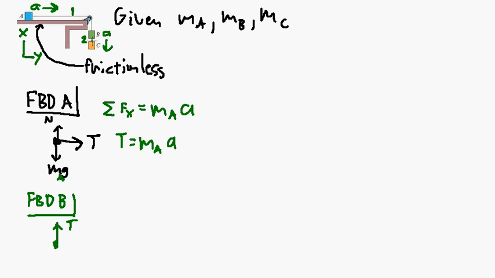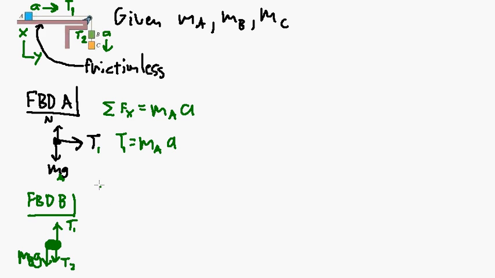So T1 is the tension in this cable, and T2 is the tension in this little one here, which is actually what we want to find. T1 pulls up, we have T2 pulling down, and we also have the mass of B times G pulling down.